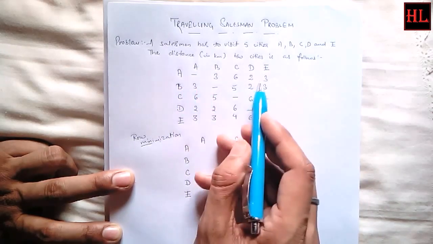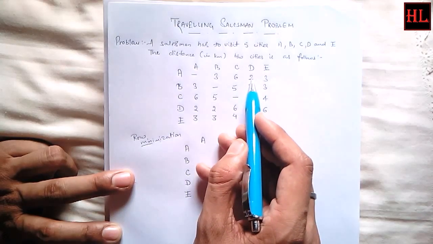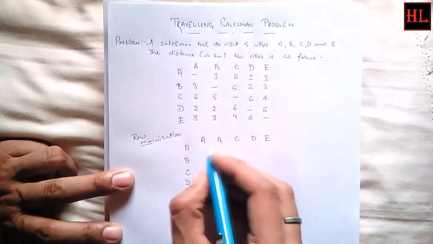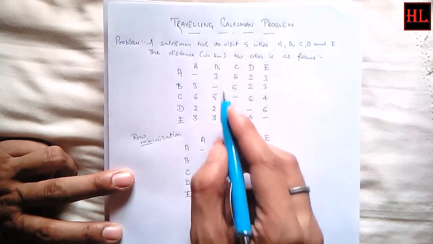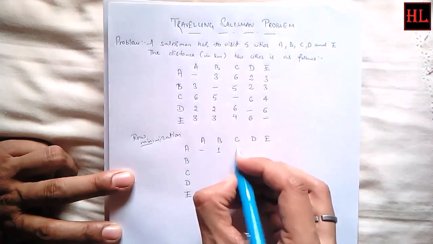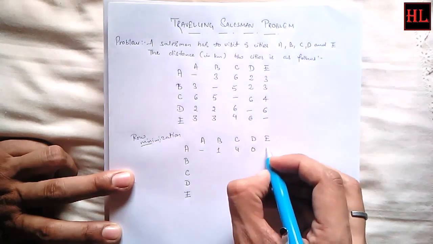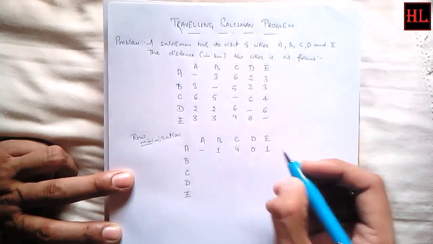In row 1 the minimum element is 2, so we'll subtract 2 from all the members of row 1. We'll put a dash here, and then 3 minus 2 is 1, 6 minus 2 is 4, 2 minus 2 is 0, and 3 minus 2 is 1.